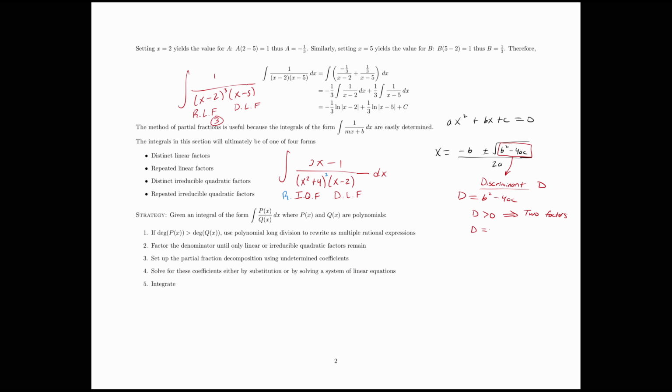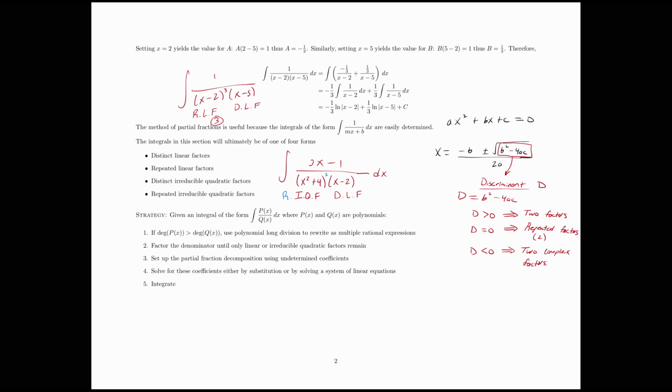If D equals 0, then this is a repeated factor, or repeated solutions. Just 2 exactly. And if D is less than 0, then there are 2 complex factors, or 2 complex solutions.